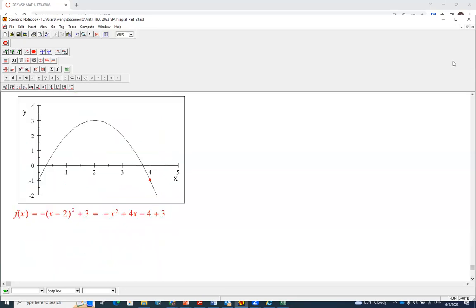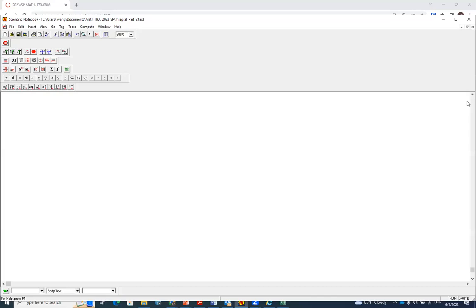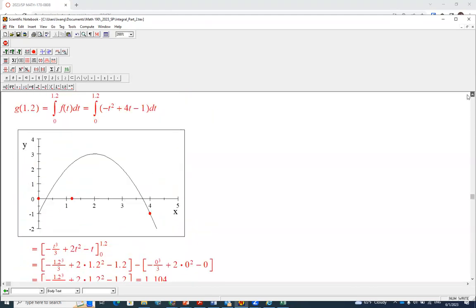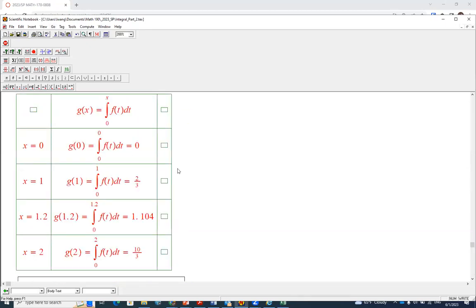Now, how about the g in general? How about this function? In this particular case, we can replace the f of t, we put f of t in place. F of t is this function, and we know that function has an antiderivative.